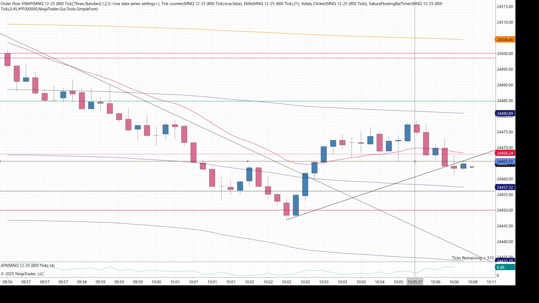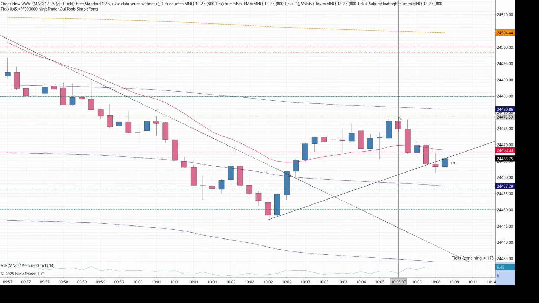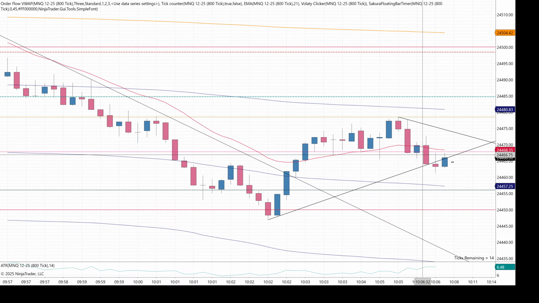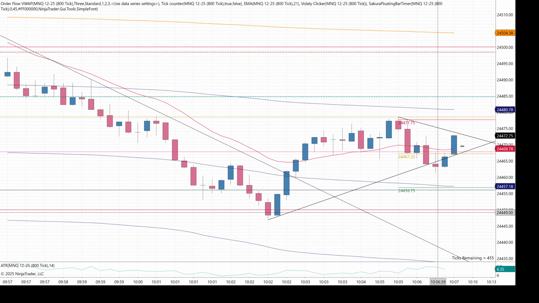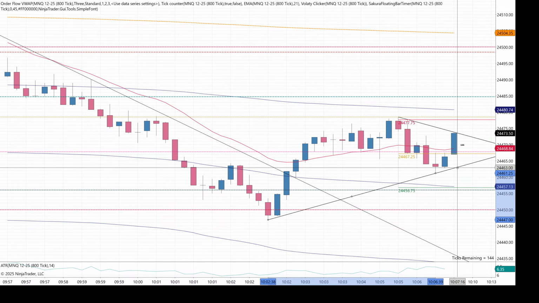Golden ruler was here and now it's up here. Now this triggered lower back here, but we couldn't have taken it anyway. And now we have this trend line like this.